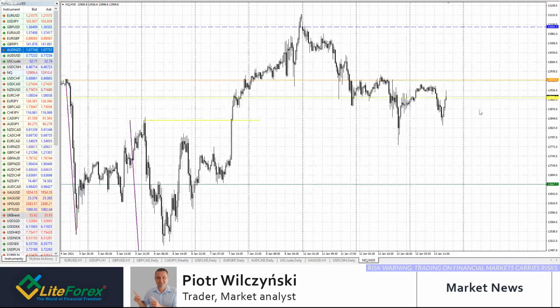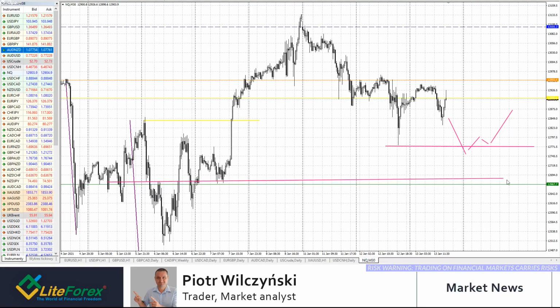And when it comes to the buying opportunities, either on the stop count below yesterday's low, okay, with a quick reaction like this, or the safest place 12,660 based on my chart here. Okay, so that's the Nasdaq.